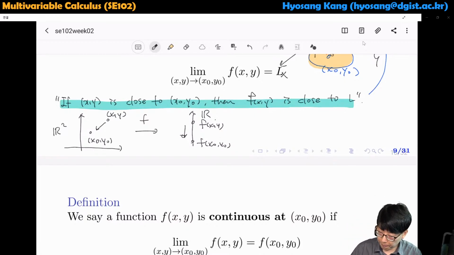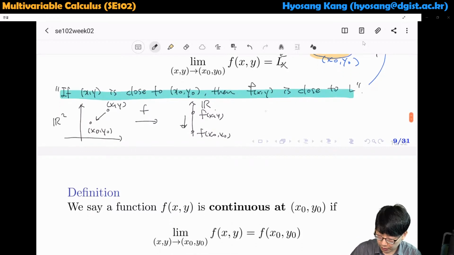Right, so the function defined on R1 is called a single variable function, but you have to be careful that there's a parametric function which is also defined on R1, but it has multiple dependent variables, so that's also called a multivariable function. If you have a function from R1 to R1, that's a single variable function.